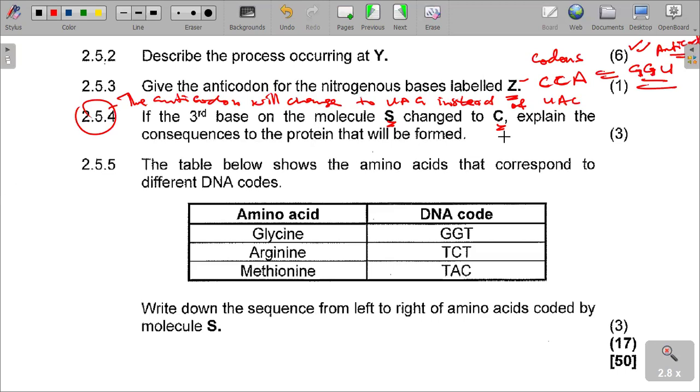And then if that occurs there, that will code for a different amino acid, which will code for a different amino acid, resulting in a change in the sequence of amino acids.